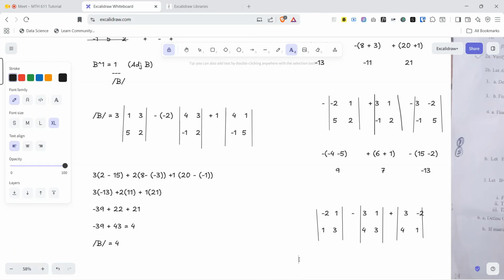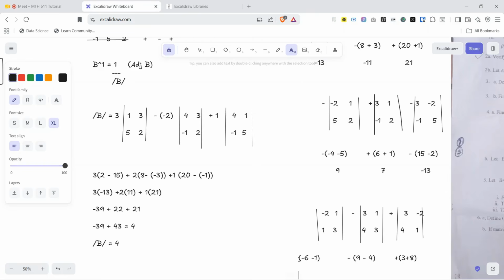So now this would give us minus 6 minus 1. Then minus into 3 times 3, 9 minus 4. Then plus into 3, 4 times 2, that's 8 minus 8. That is plus 8.